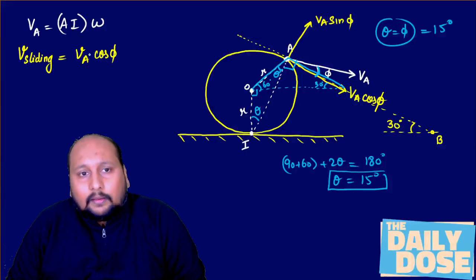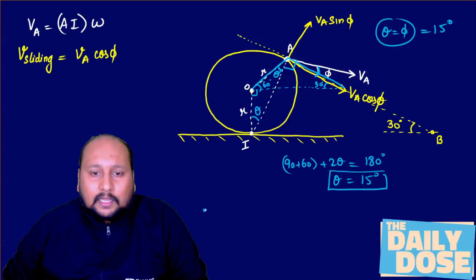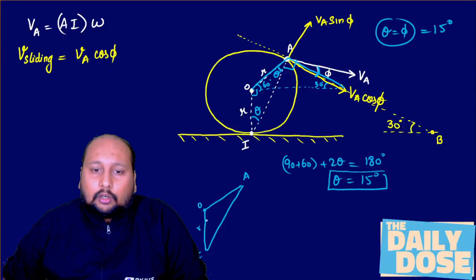The only challenge that we need to overcome is to calculate the distance AI. If you see this particular isosceles triangle, this is O, this is A, this is I, these are the two radii.